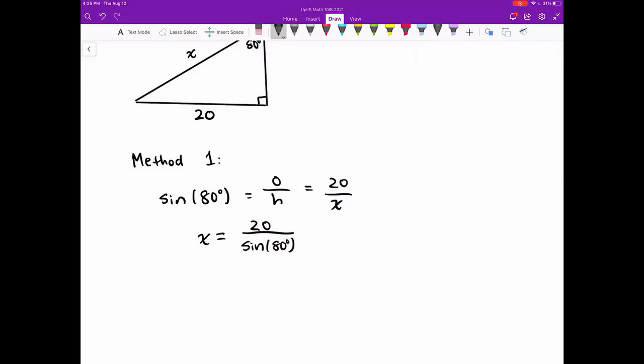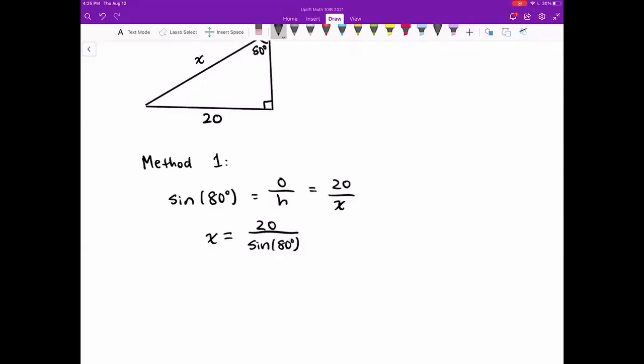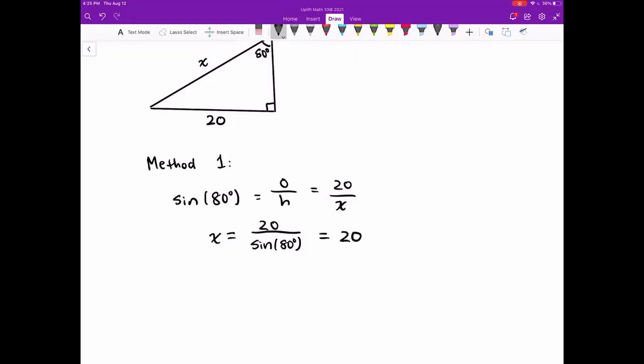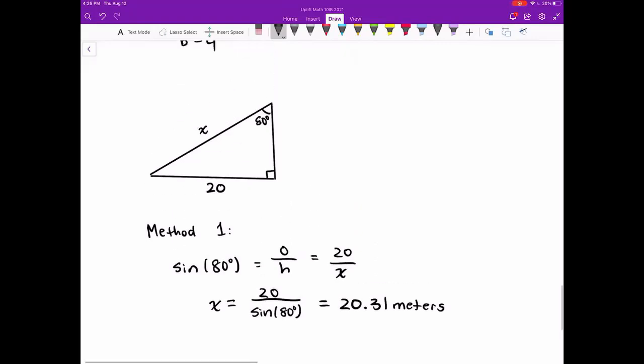I don't think there will be a nice answer for this one, so I can just use my calculator. If you plug the equation into your calculator, you'll see that x is roughly equal to 20.31, estimated a little bit. So we know the hypotenuse is 20.31 meters.